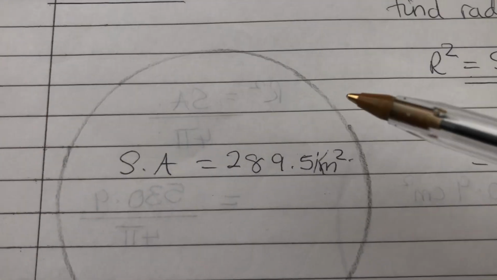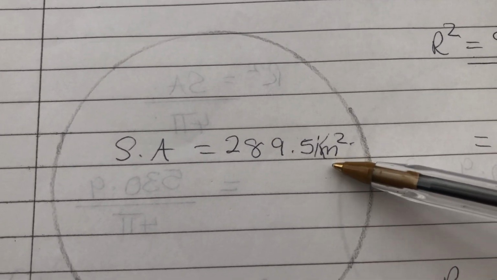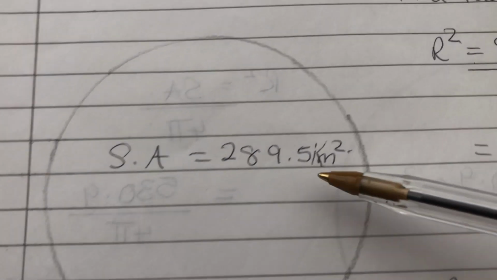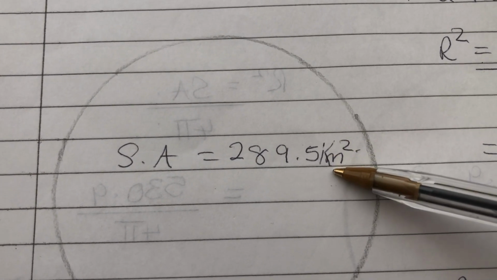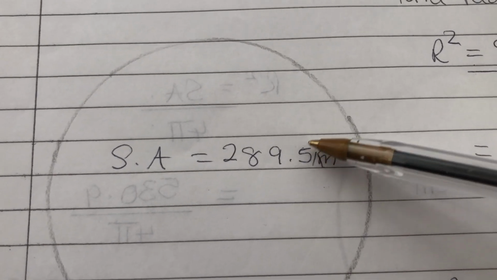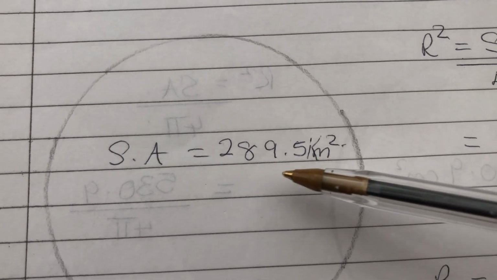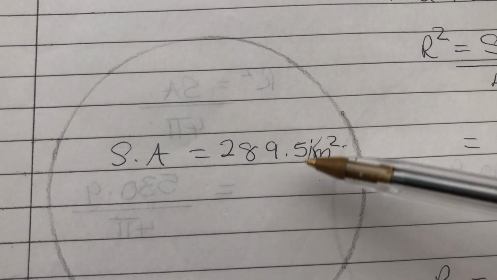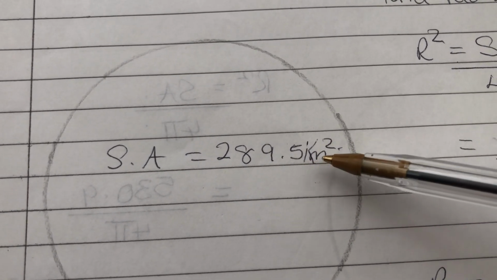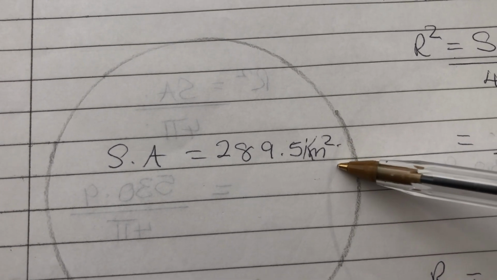Another example, 289.5 kilometers squared. Okay, this is in kilometers. We saw this same figure in centimeters, or meters. So now here, your radius will be in kilometers, not in centimeters. Okay, take note.